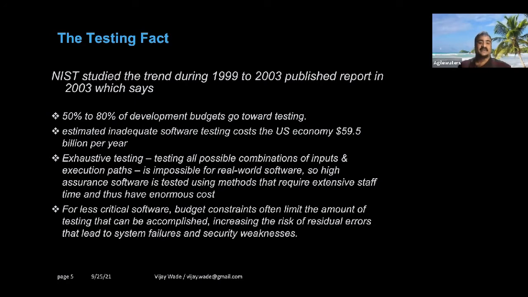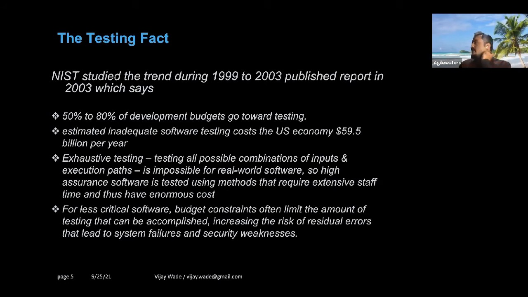Thanks, Sid. Okay, so for less critical software, budget constraints often limit the amount of testing. So many times, who needs testing? People generally need functionalities. It means it needs to be developed, and developed means the developer writing the code. As long as it works and gives a little bit of value, and it looks like it's working and giving value, if it's a low-budget software, people will definitely have fewer testers.